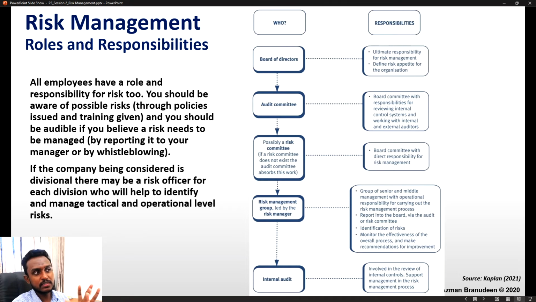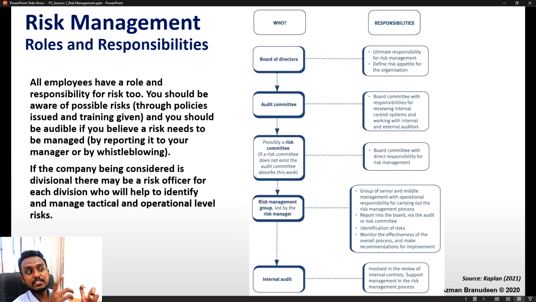They are the ones who are basically in charge of almost all aspects of risk. If a risk committee does not exist, the audit committee will absorb it. The risk committee is a board committee with direct responsibility for risk management. If there is a risk committee, fine; if not, that work will slowly get absorbed into the audit committee.